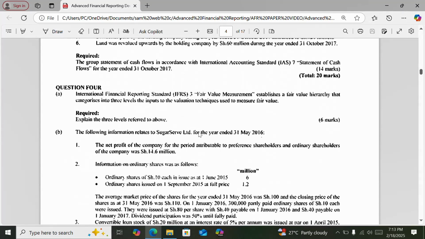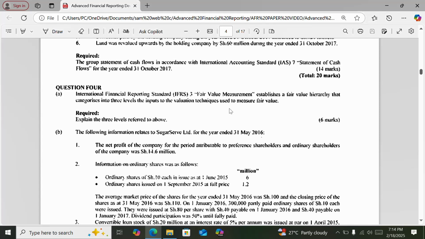The levels referred to above are from International Financial Reporting Standard IFRS 13 Fair Value Measurement, which establishes a fair value hierarchy that categorizes into three levels the inputs to the valuation techniques used to measure fair value.